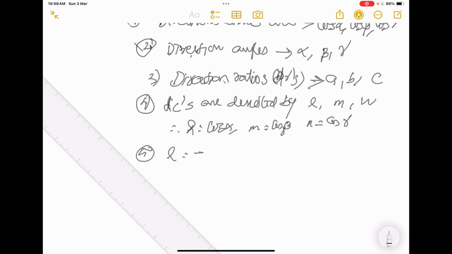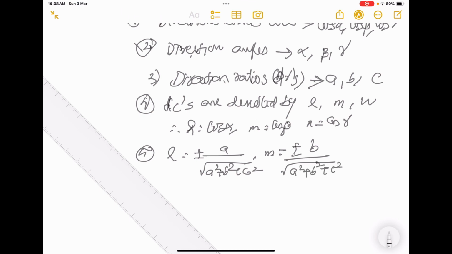l equal to plus or minus a by root of a square plus b square plus c square, and m equal to plus or minus b by root of a square plus b square plus c square, and n equal to plus or minus c by root of a square plus b square plus c square.